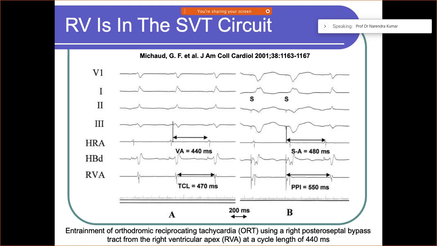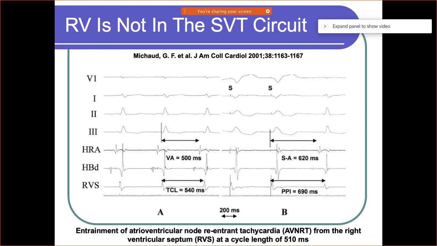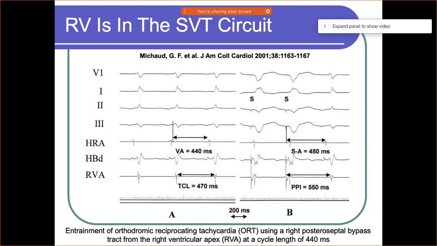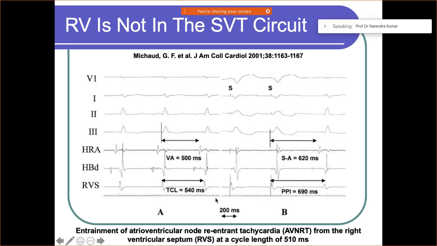During the entrainment of the ORT using a right posteroseptal bypass tract from the RV apex at a cycle length of 440 milliseconds, the post pacing interval is 550 and the tachycardia cycle length is 470. So 550 minus 470 is going to be nearly 80 milliseconds, in fact. That's why the RV becomes a part of the SVT circuit.